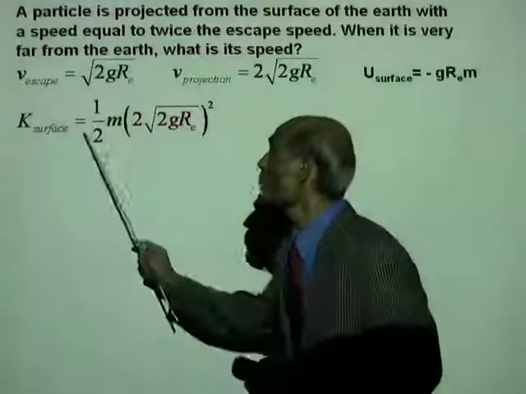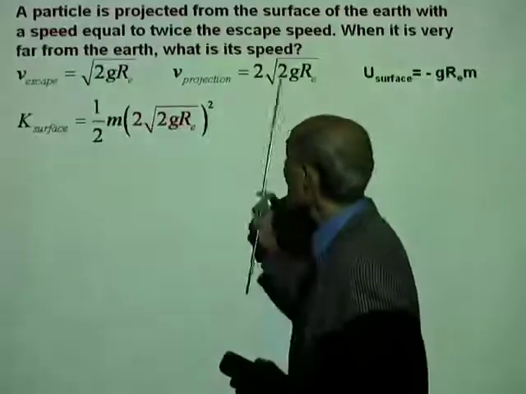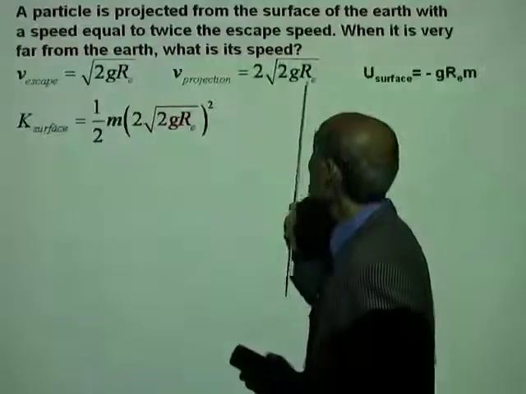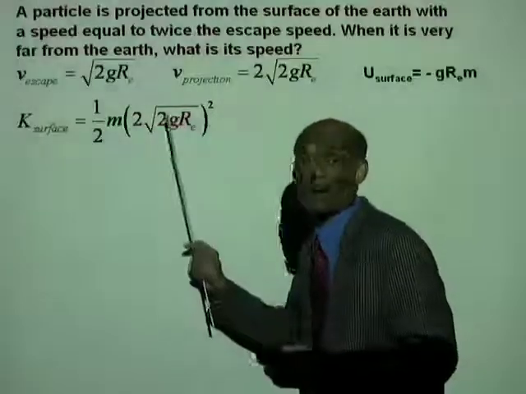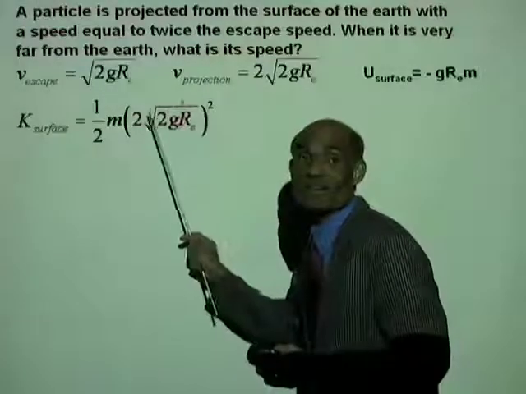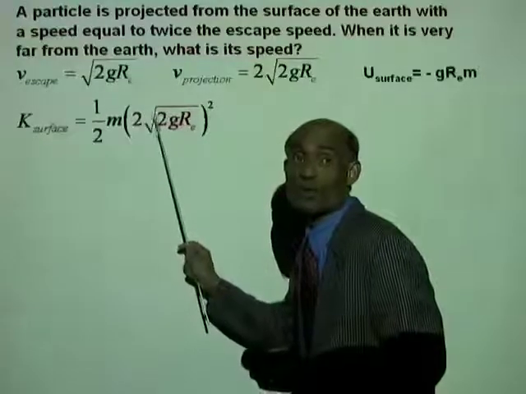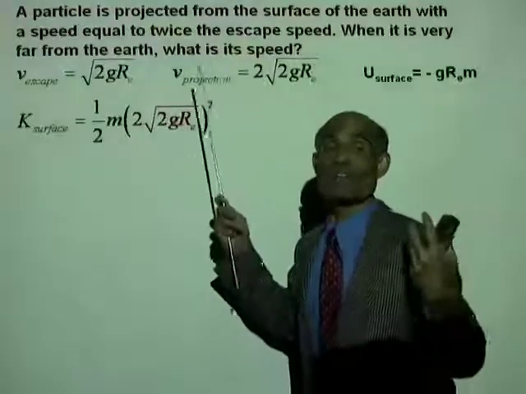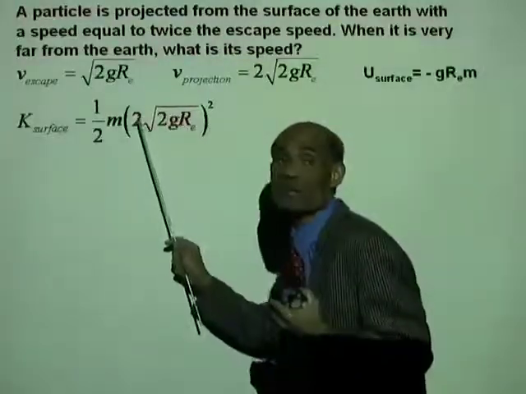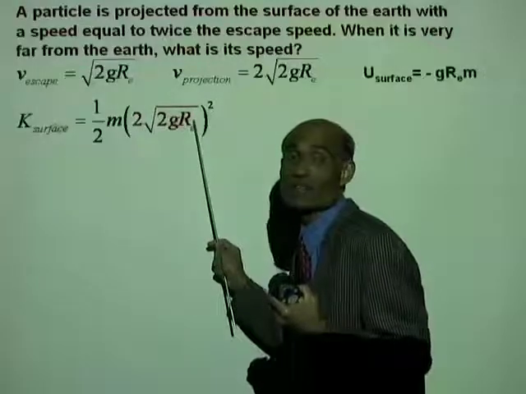Kinetic energy is 1/2 mv squared, and the velocity of projection is 2 times square root of 2GRE. And when you square it, what do you get? Squaring 2 will give you 4, and squaring the square root sign will remove the square root sign. So it becomes 4 times 2GRE, right?